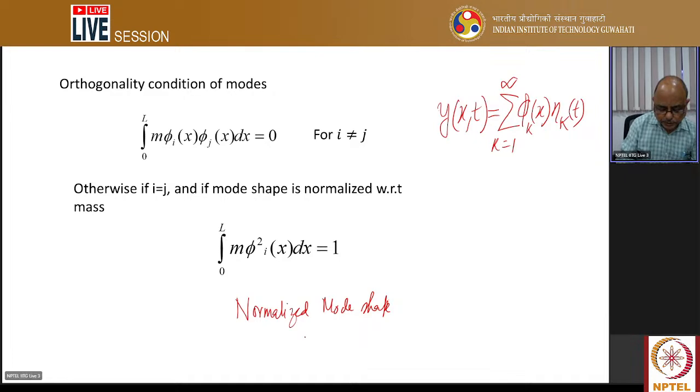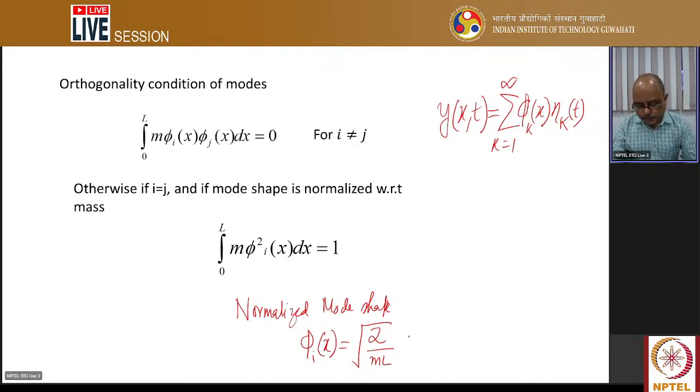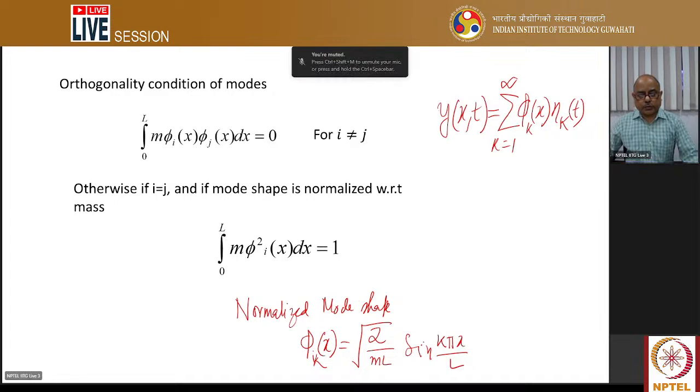On many occasions, the mode shape is normalized with respect to mass, so that it becomes this: a multiplier, root 2 by mL, and sine k pi x by L for a simply supported beam. This is the kth mode shape. So this is the mode shape coefficient. The root 2 by mL that you are seeing is a coefficient.